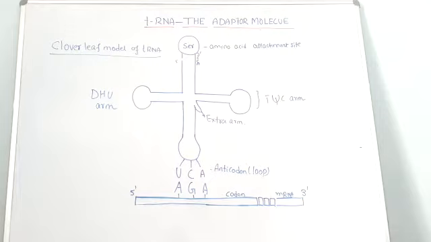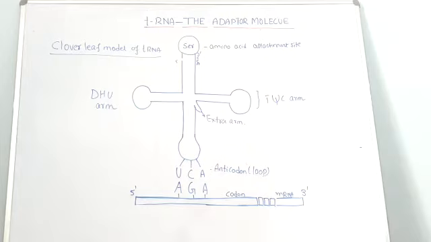The name of the scientist is Robert Holley, who described the cloverleaf model of the tRNA. It resembles the leaf of the clover plant, hence the name cloverleaf model of the tRNA.